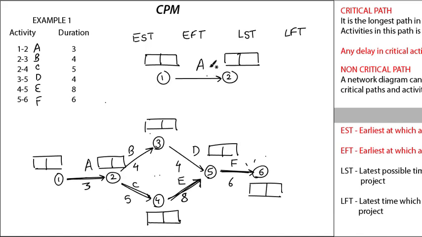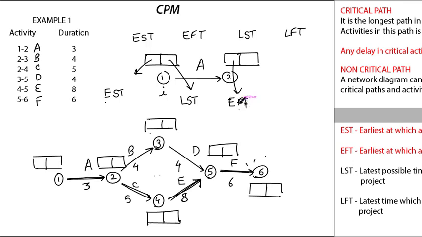For activity A, this particular box represents early start time, and this particular box represents late start time. Start is at I. Tail means start, that is the beginning. So start is at I, and this box represents latest start time. First it will be latest start here, then earliest finish time.